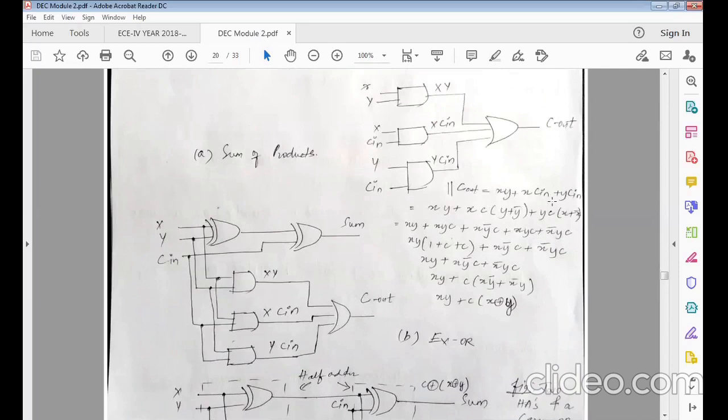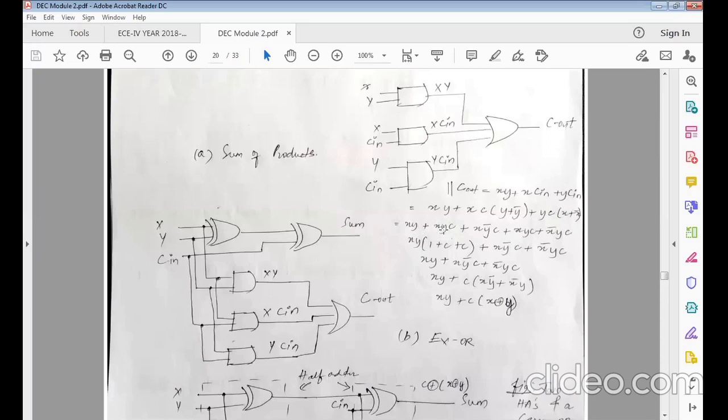xy plus x c in plus y c in: how are we going to minimize this? For the benefit of everyone, you can just listen to me. I have xy plus xc, and since I want a y here, I will have y plus y bar, because that gives me 1. Multiplying with 1 is not going to harm the values of x and c, right? Then adding y and c, I want an x term here, so I will add x plus x bar.